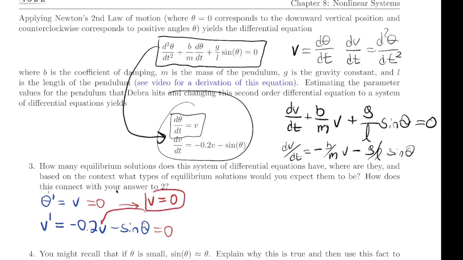And then we can plug that into the bottom differential equation, and we see that v prime is minus the sine of theta, and that's going to be 0 as long as theta is some integer multiple of pi.